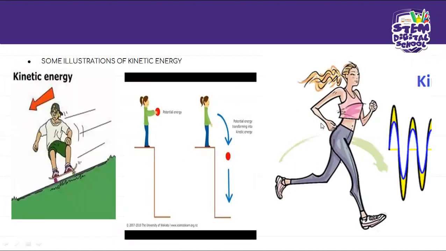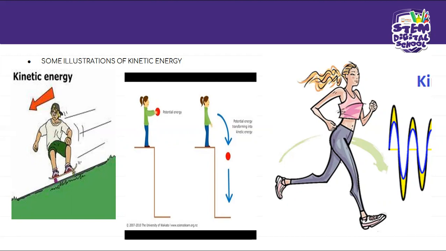All right. Now let's look at some illustrations of kinetic energy. The first one, you can see this guy who is sliding down the inclined plane. He has kinetic energy. This lady is holding a ball above a certain height.